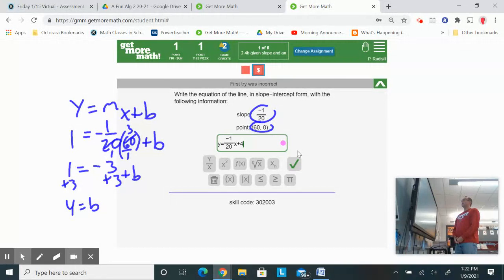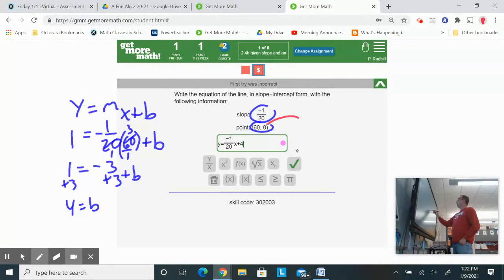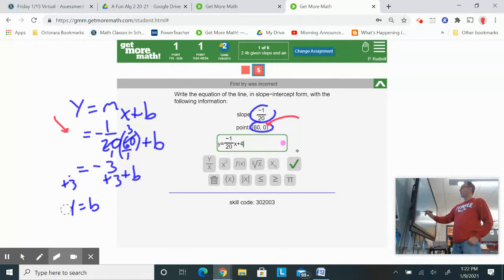And look what I did. Some of you are sitting there in the video probably going, Mr. Rudisill, the y is 0, and I put in a 1. So I've got to erase that and put a 0 in there because the y is 0. 0 plus 3 is 3.